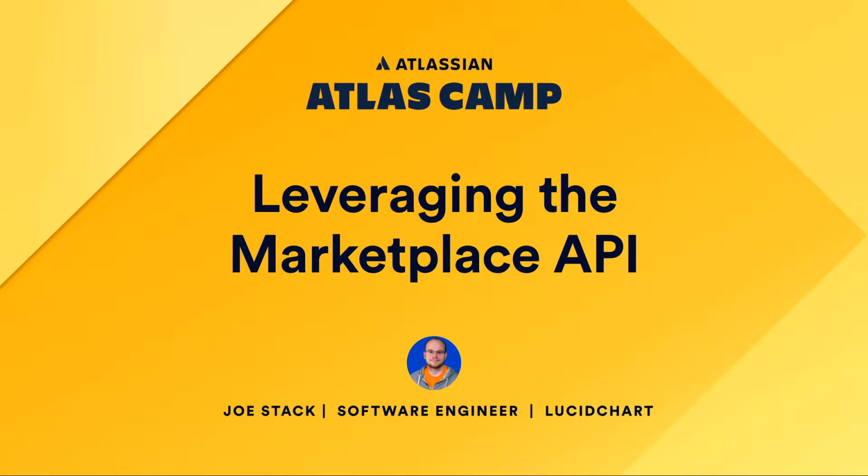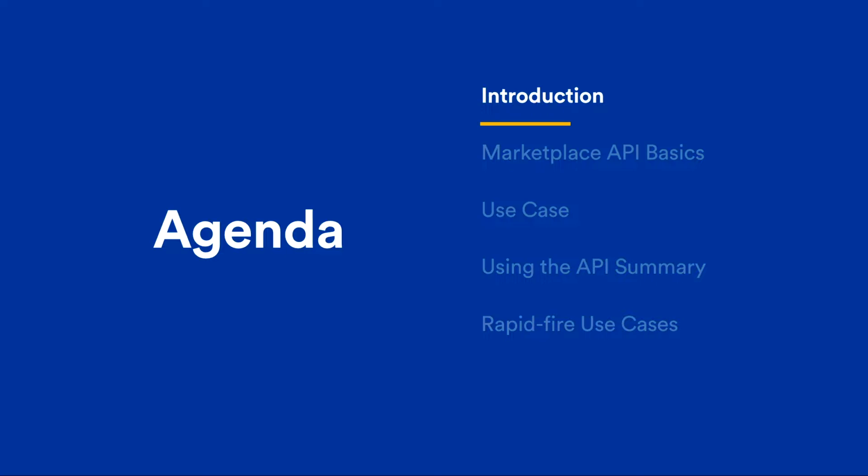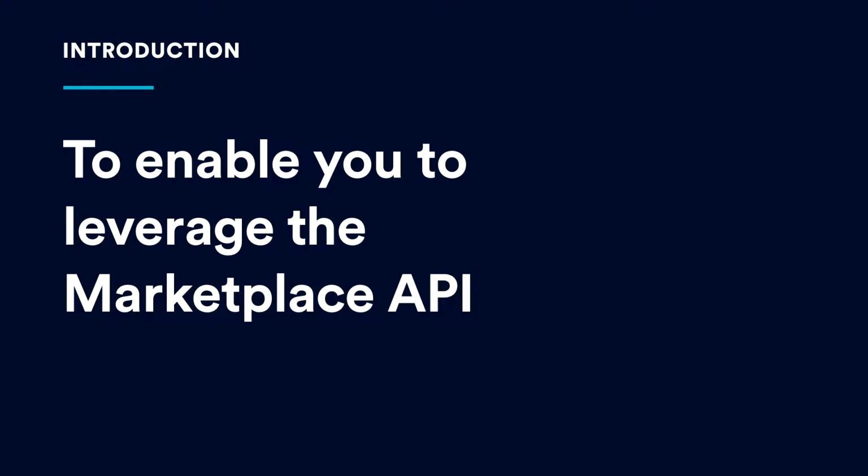Yeah, like you said, my name is Joe Stack. I'm from Lucid Chart, and I'm really excited to share with you how you can leverage the Marketplace API. So we only have 20 minutes, so we're going to dig into some practical examples, look at kind of a demo of how you can pull data in and use it to improve your business. So let's look at the basics of the API itself. Oh, and before we do that, let me outline what my goal is.